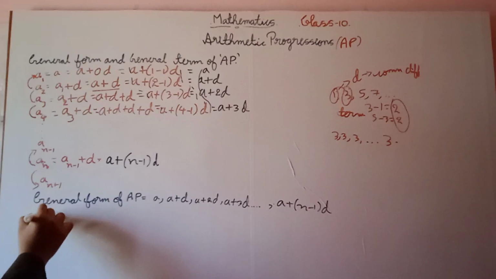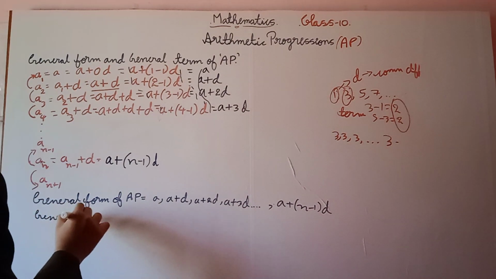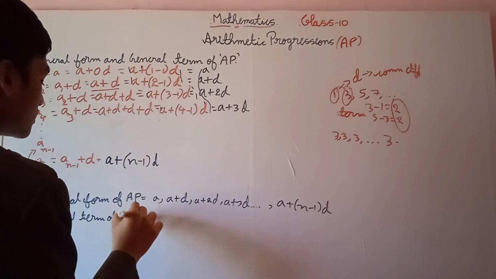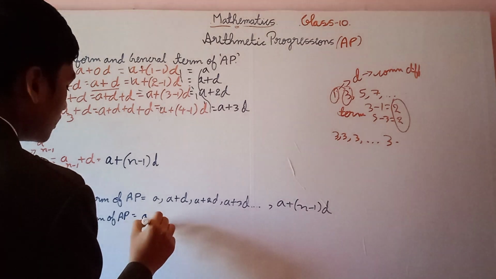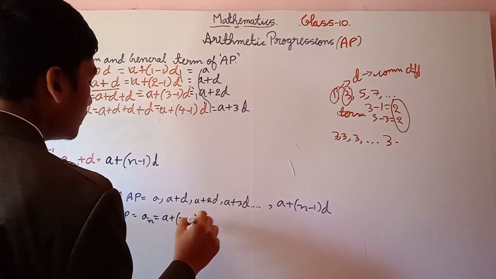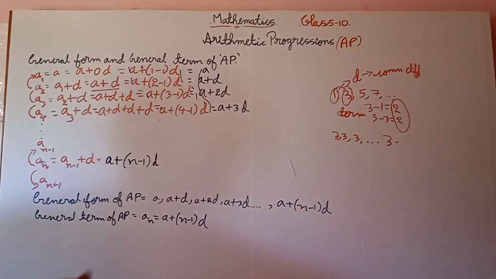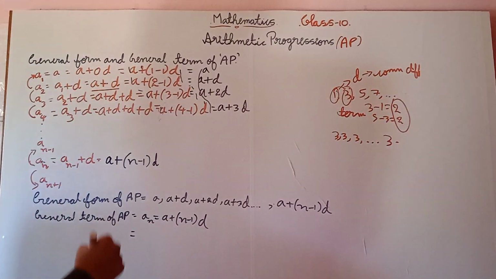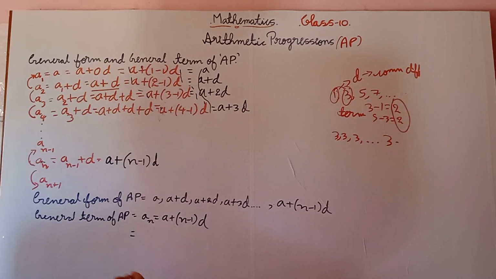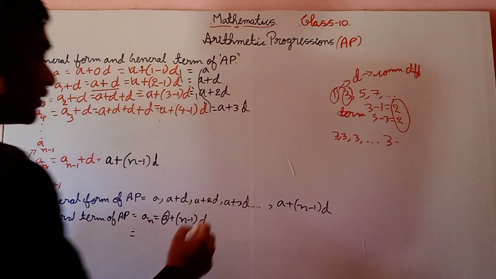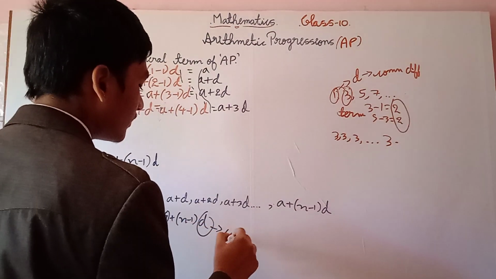So the general term of AP can be written as an is equal to a plus (n minus 1) into d, right? In which n is the number of the term needed to be found, a is the first term of the arithmetic progression, and d is the common difference.